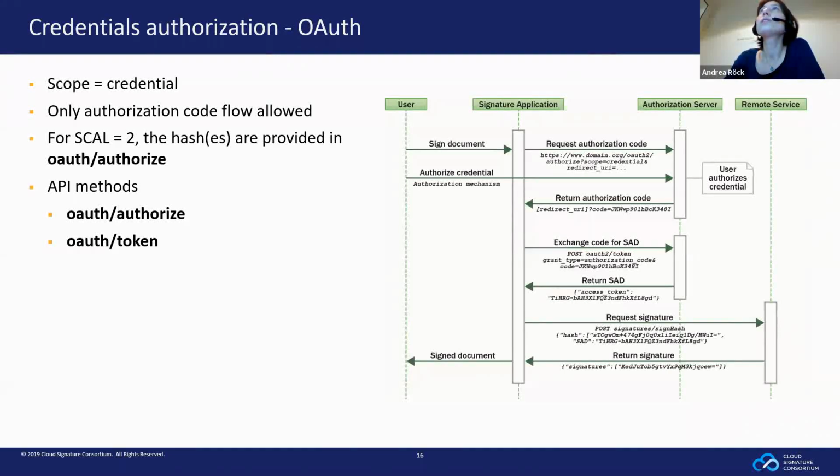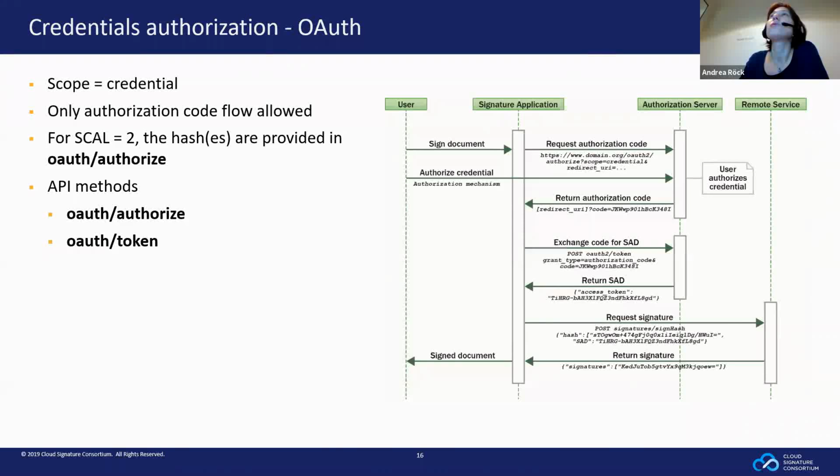In the workflow, the user says to the signature application again, I want to sign. The signature application sends the information to the OAuth authorize link with scope credential, to the authorization server.